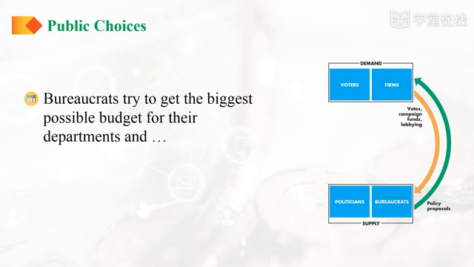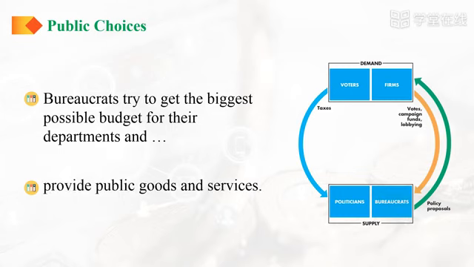In the economic model of public choice, voters support the politician whose policy proposals make the voter better off. Voters express their demand for policies by voting, helping campaigns, lobbying, and making political contributions.